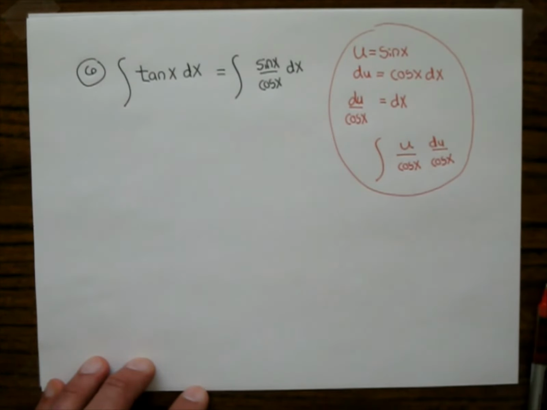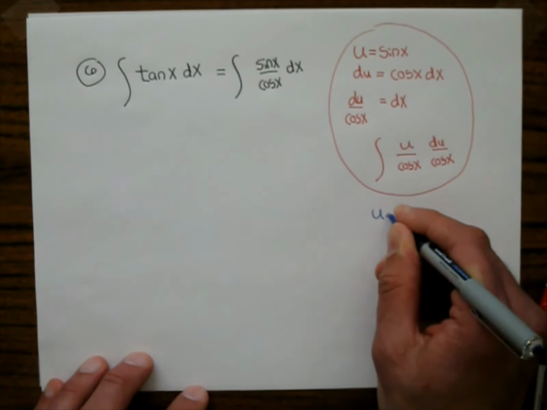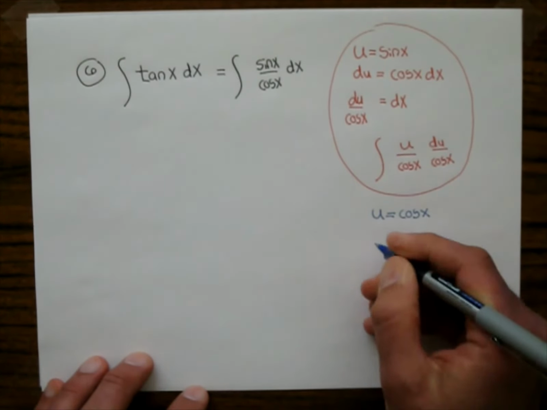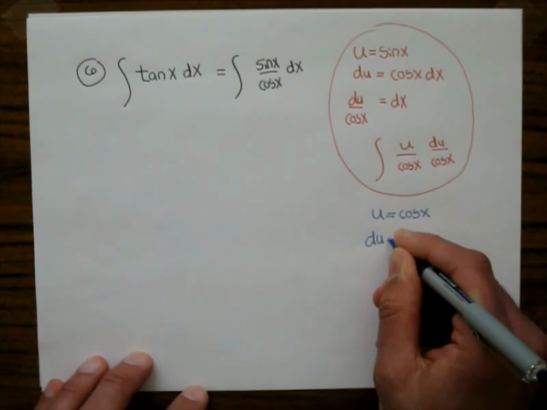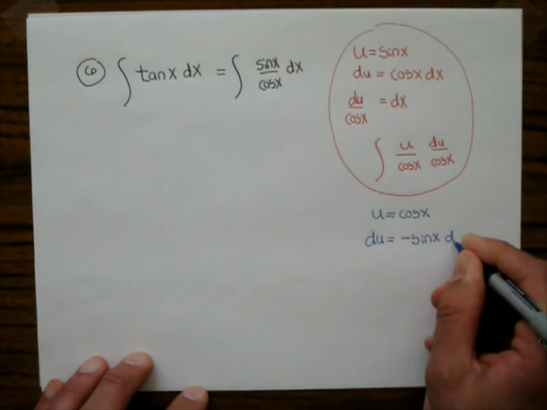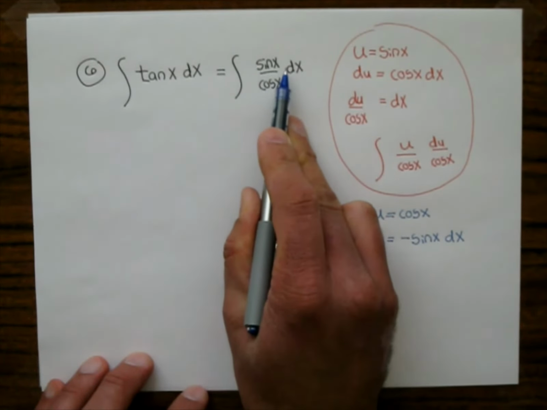Let's see what happens if we had done the other choice of letting u equal the cosine of x. Well, then du, the derivative of cosine, is negative sine x dx. And look, that's exactly what you have on the top, almost exactly.